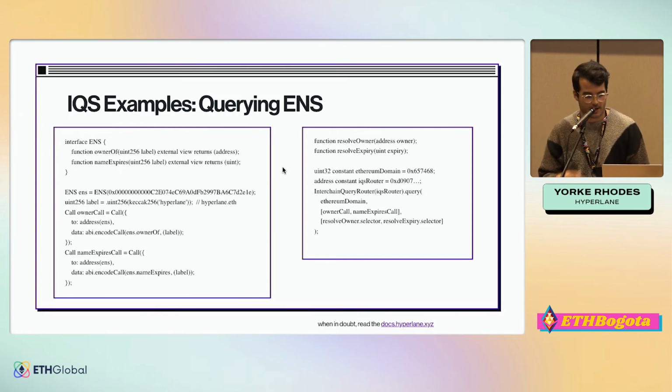So another idea for the hackathon is maybe implementing a caching system with this Interchain Queries API. ENS is especially amenable to this, which is why I picked it as an example, because there's an explicit Unix timestamp expiry attached to every relevant piece of state on the ENS registry.